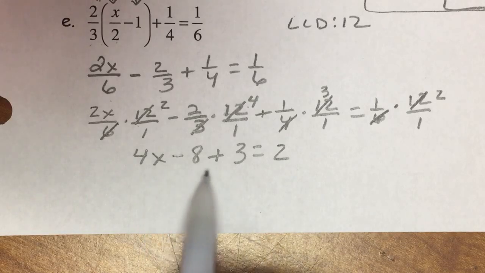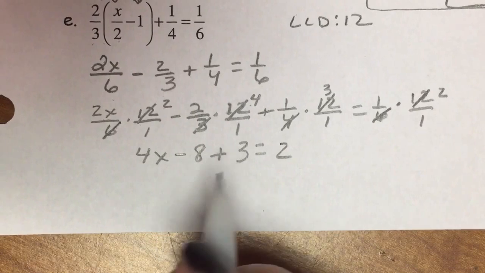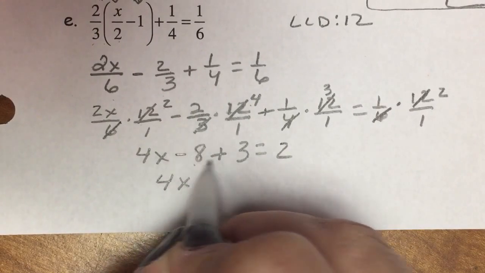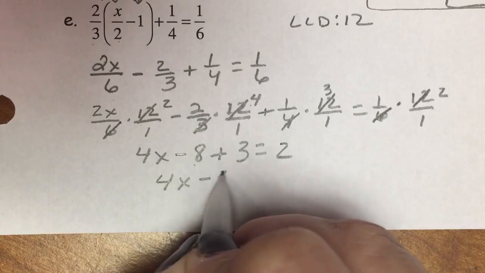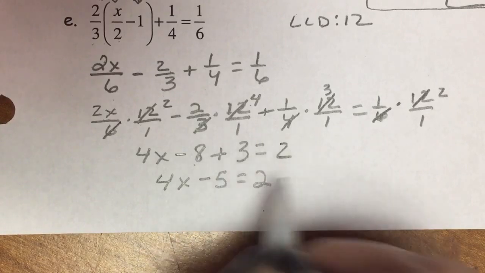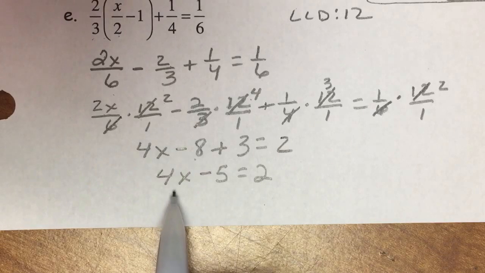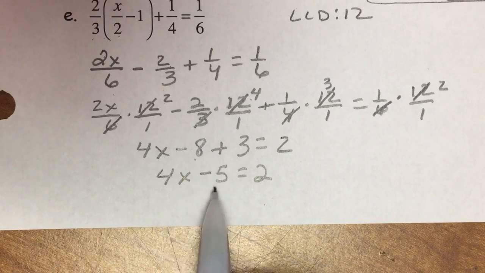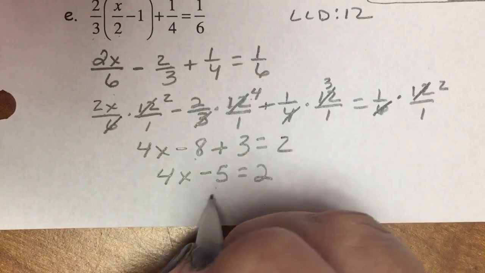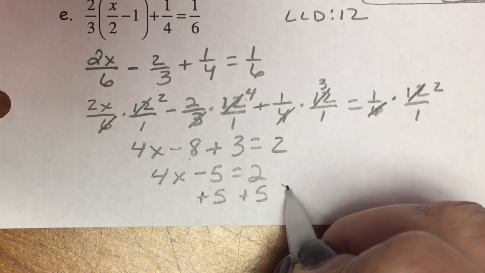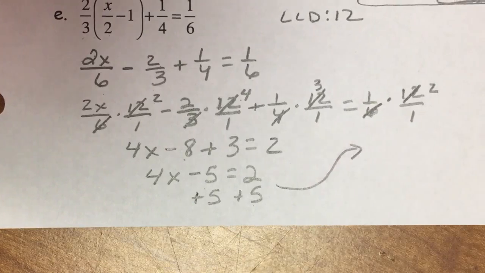All right, so I do see some like terms we can combine right here. So let's go ahead and do that. 4x and a negative 8 plus 3 is negative 5. Now all my variables are on the left. I want to get rid of this minus 5, so I'm going to add 5 to both sides.